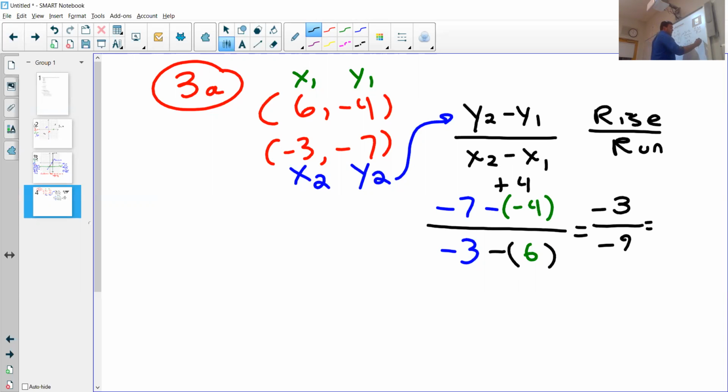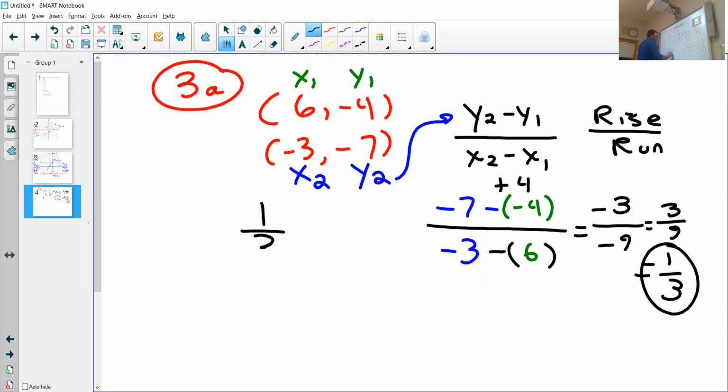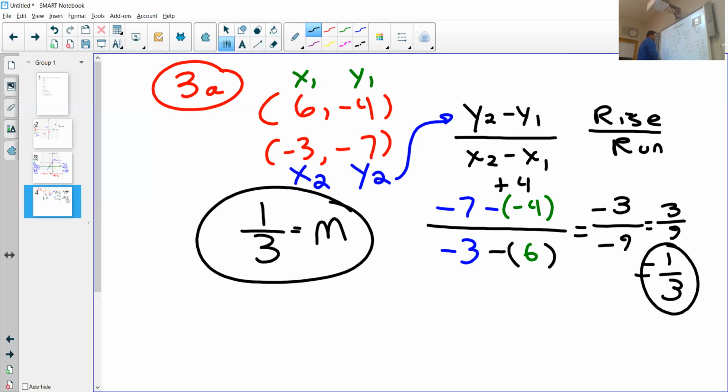Let's cancel out the negatives, so that's 3 over 9. And I can take out a 3 on both sides, so 1 over 3. So my slope is 1 over 3. And we have a variable for that, it is called m. So my slope is 1 over 3 after I simplify the fraction.